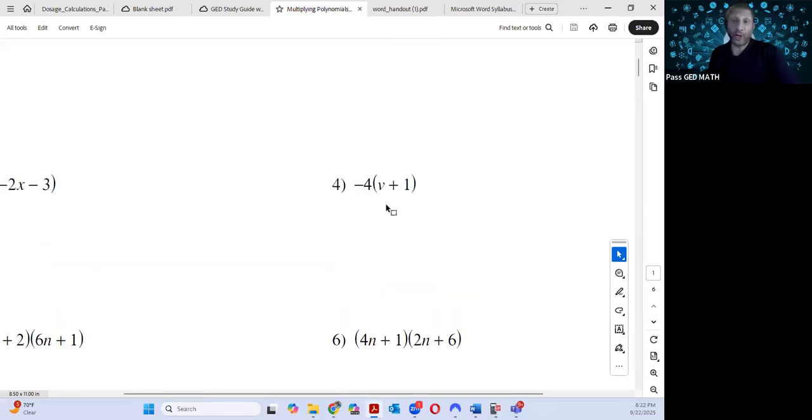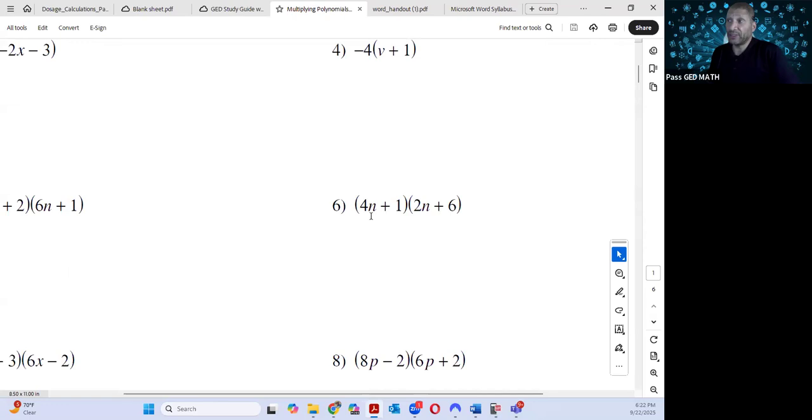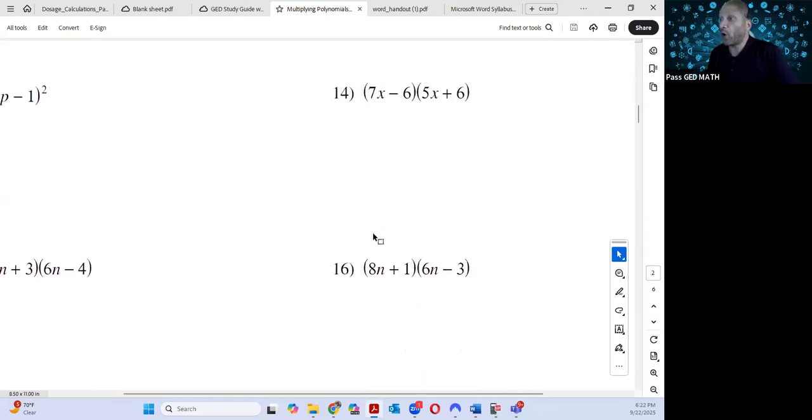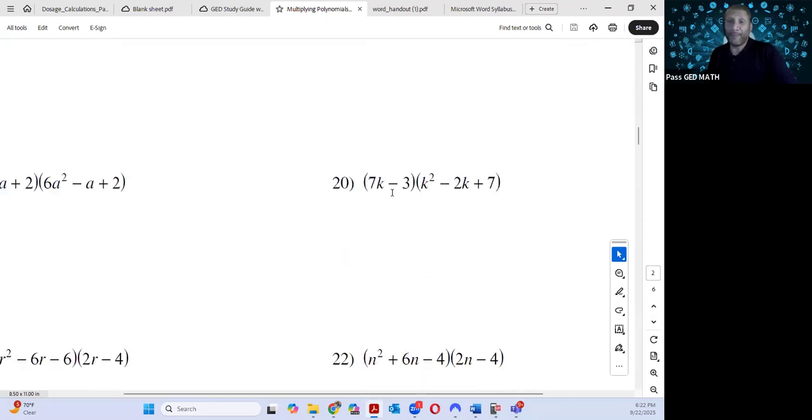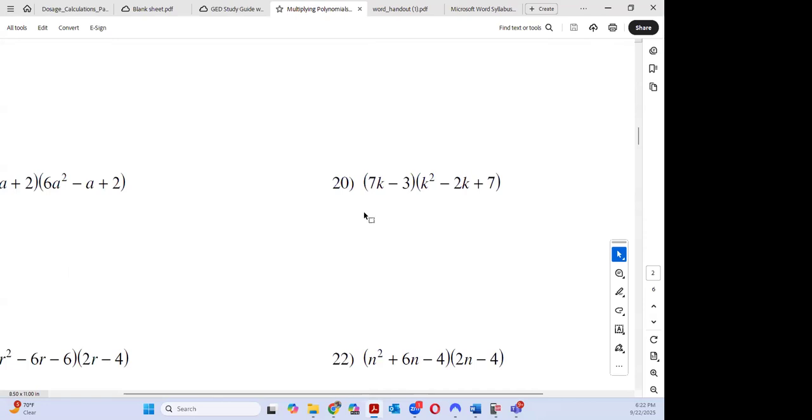Number 4 is multiplying a monomial times a binomial, 1 times 2. Number 6, 2 terms times 2 terms, binomials, because bi means 2. When you get down to the harder ones, this is a binomial times a trinomial. Just to make it easier, poly means many. That's why they use polynomials. Everybody understand that? All right, good.